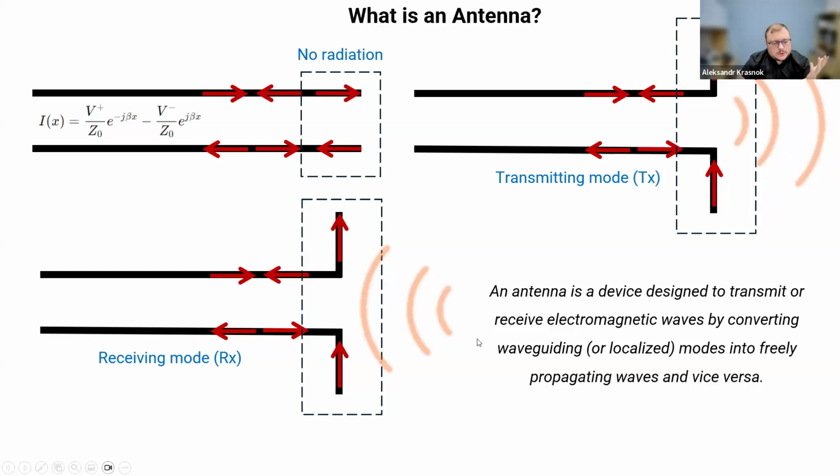So the definition of an antenna is a device that is designed to effectively transmit or receive electromagnetic waves by converting waveguiding modes into freely propagating waves and vice versa, freely propagating to waveguiding modes.